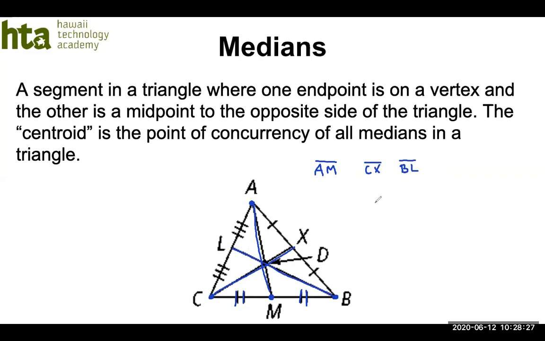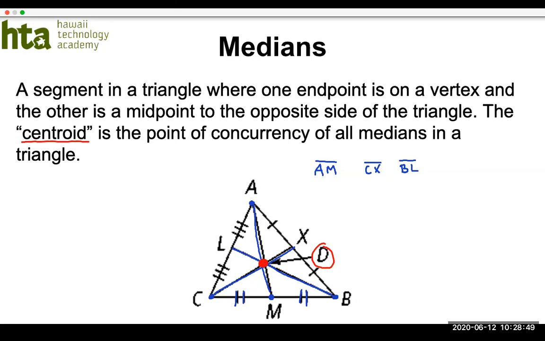Now it doesn't have to be in that order. I could have said MA, XC, or LB, doesn't matter. Because segments, it doesn't matter the order, as long as the endpoints are the two letters. So those are all medians, and the point of concurrency of all medians is called the centroid. All right, so point D is the centroid in this figure.